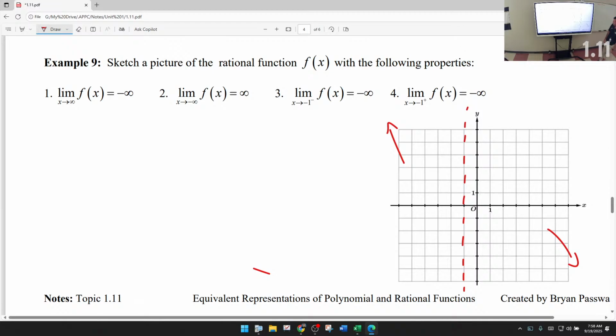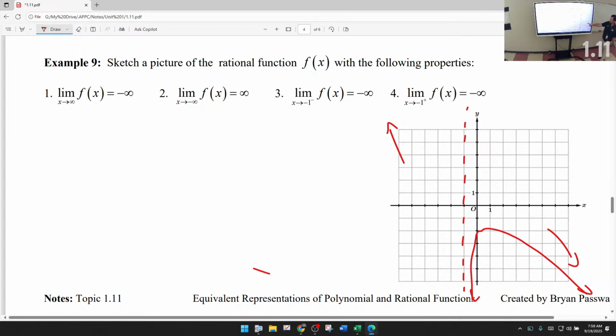So I don't know how this is going to happen, but I'm guessing you have a slant, because you're coming down here and at some point you're going to negative infinity. Well, the only way I can do that is if I turn. And so I'm going to turn and shoot that thing down to negative infinity.